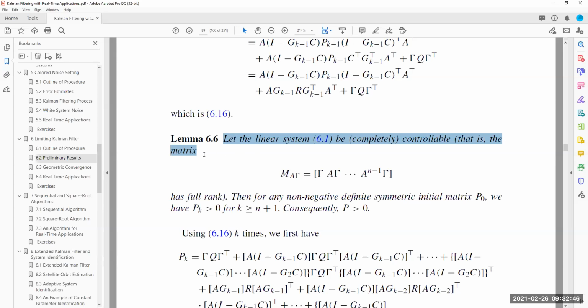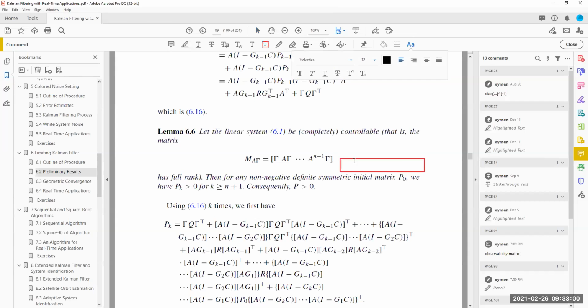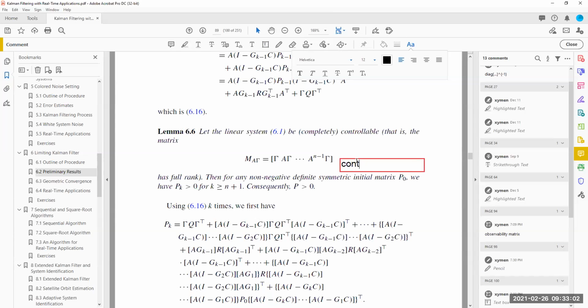Okay, so that's the matrix, gamma, A to the n minus 1 gamma. This is called the controllability matrix.